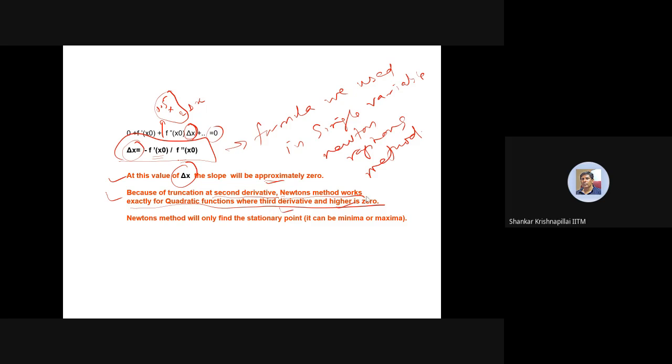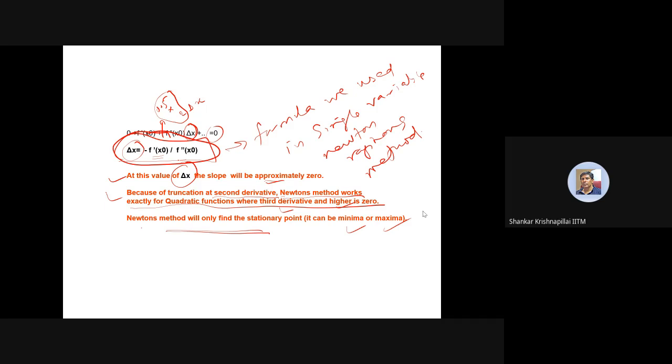So if you have a quadratic objective function, this formula will work exactly, because it fits the Taylor series truncation. Newton's method will only find the stationary point, which can be either a minima or a maxima, and later you have to do a further test at your own expense to check whether it is a maxima or a minimum.